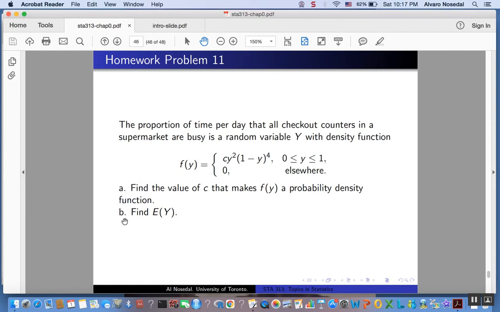And then for part B, we are going to find the expected value of y. Remember that the expected value of y is just a numerical summary for that PDF. The expected value of a random variable is going to give us an idea of where the center of that PDF is.